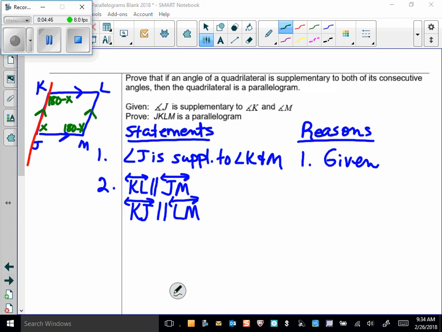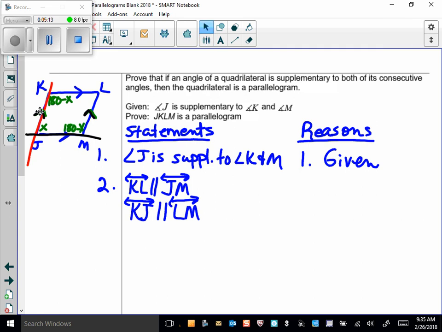Because if I look at here's KJ, and here's LM, and if I use this as my transversal, then those two angles are supplementary, they're consecutive interior angles. So yeah, those are true statements. I've got two sets of parallel lines, and how is it that I know that's true?